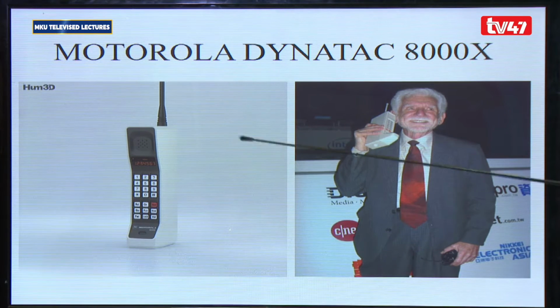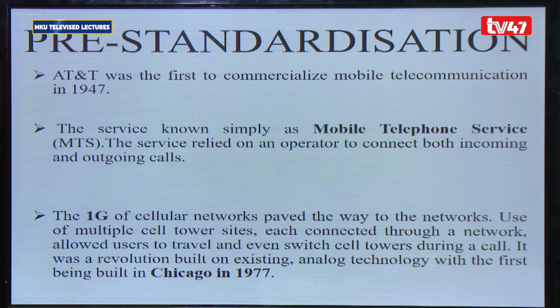You can look at the size of the first phone, and compared to today, you would see a lot of improvement. The pre-standardization of mobile took many years, starting in 1947, where AT&T was the first company in the world to have a mobile telecommunication network.